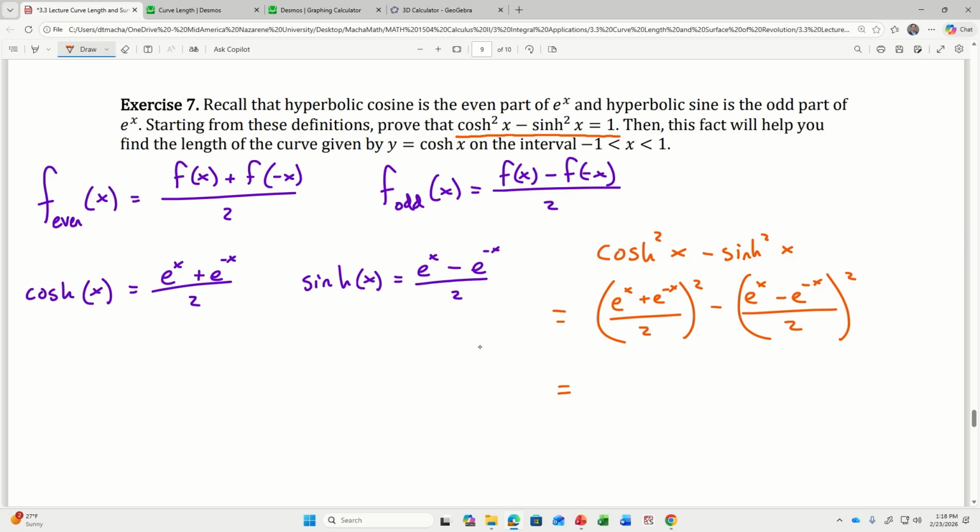Well, dividing by 2 and then squaring is the same as dividing by 4. So let's put a big 1/4 in front of everything.